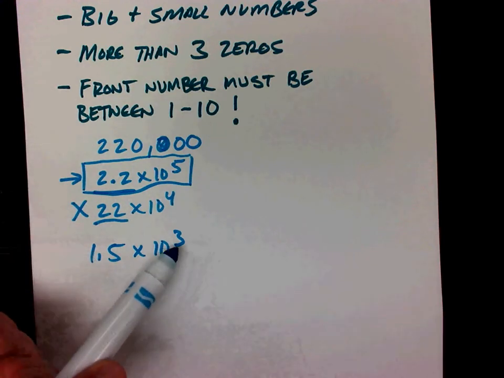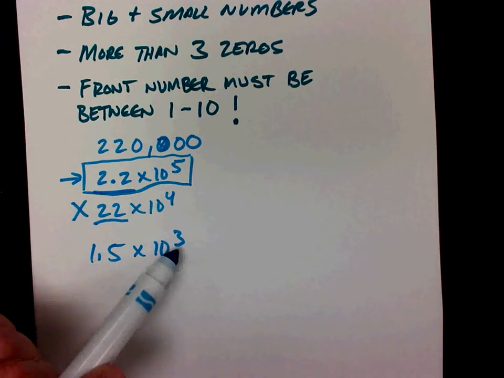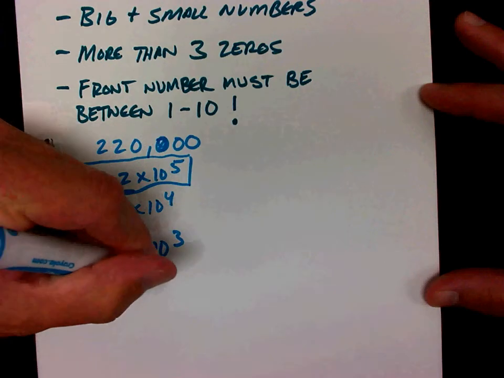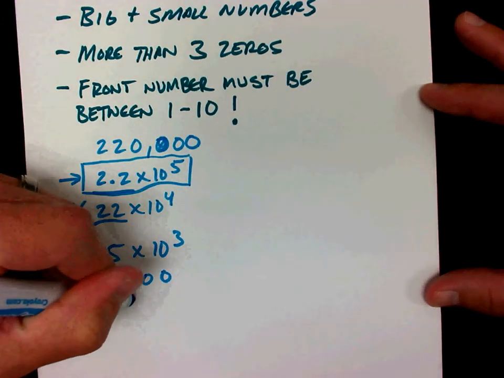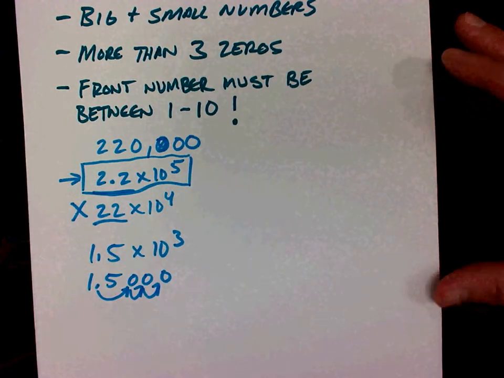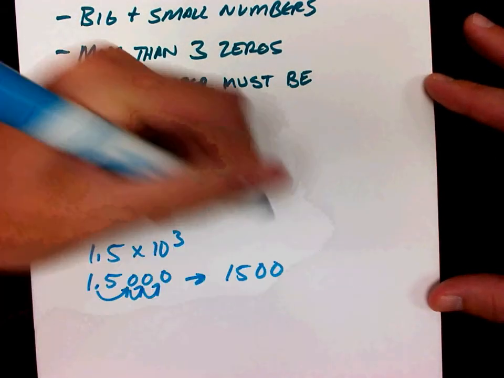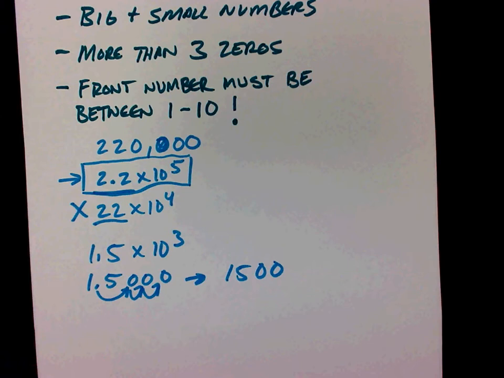The positive number here tells us that our number is going to get bigger. And so that's how we know when we come down here that we're going to move this 1, 2, 3 places. And so we're going to get a resulting number of 1,500 for that number.